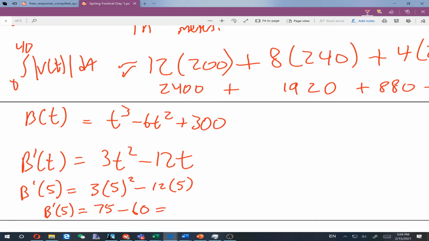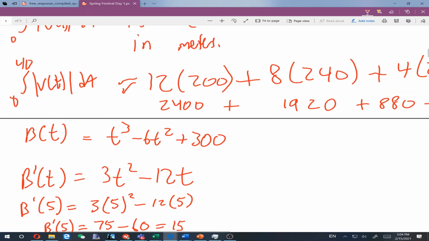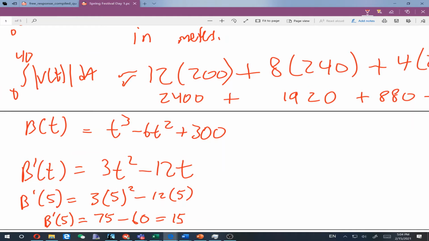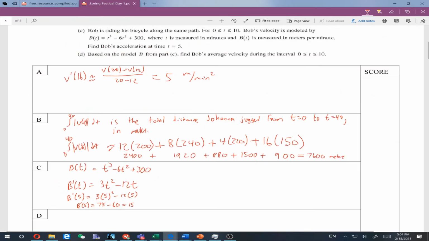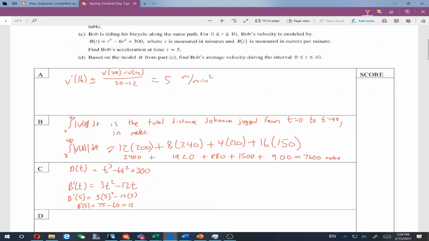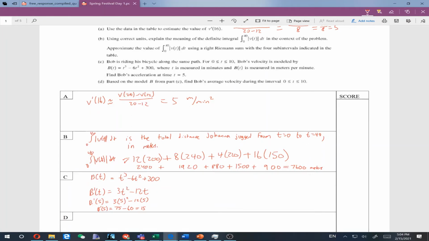Okay. So final answer is 15. What should my units be? Yes, meters per minute squared.